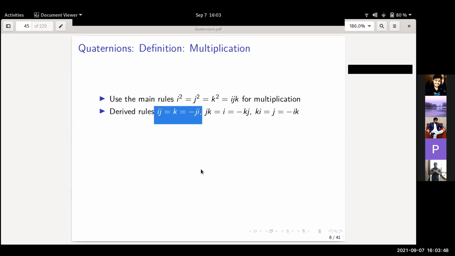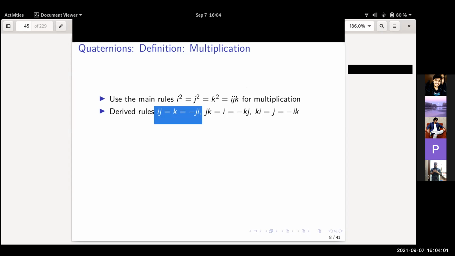Sir, to multiply ijk with k, that k square, if we are multiplying separately, then we need the associativity rule before that.